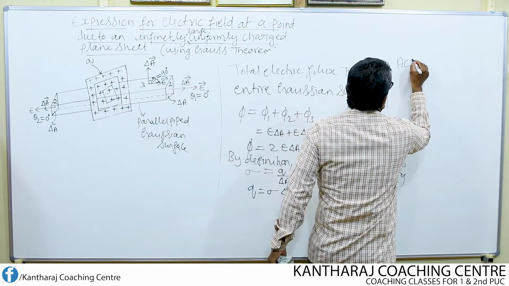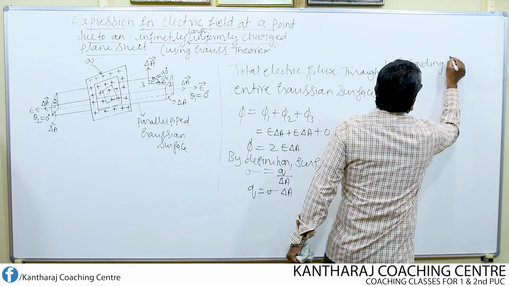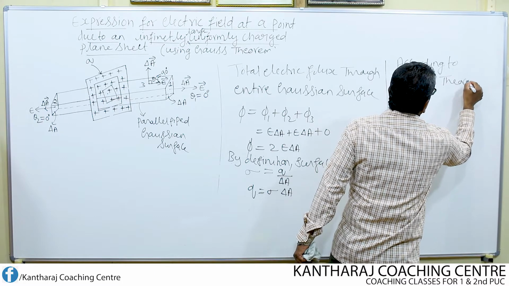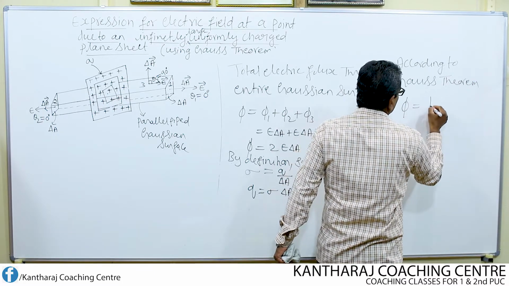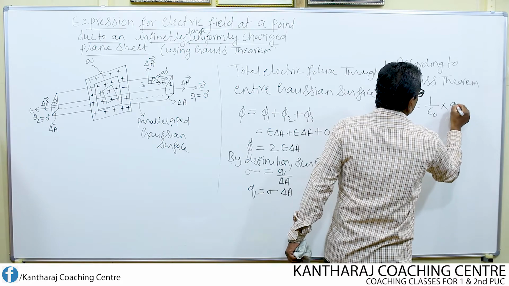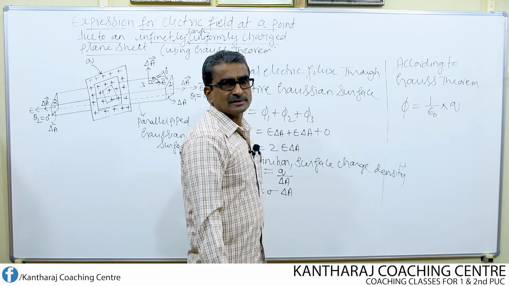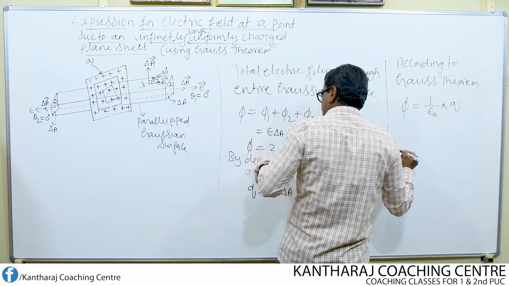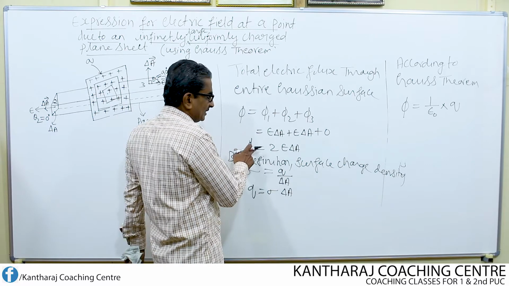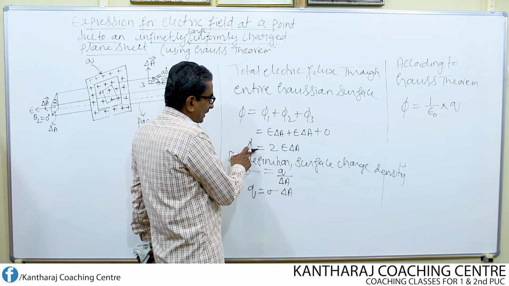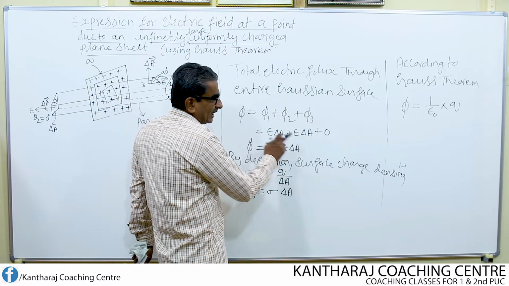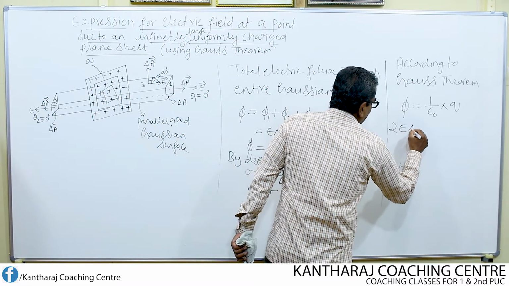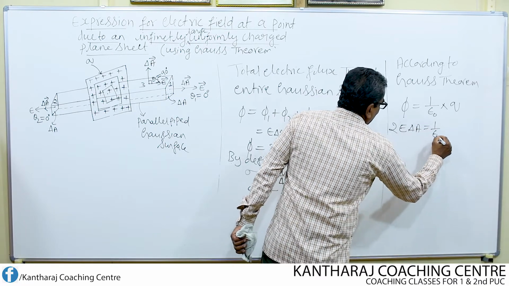According to Gauss theorem, what can I write now? According to Gauss theorem, total flux is nothing but 1 over epsilon naught times the total charge. So if this is the statement of Gauss theorem, then let us consider this equation. Phi equal to 2 into E into delta A. In place of phi, I substitute 2 into E into delta A, equal to 1 over epsilon naught.